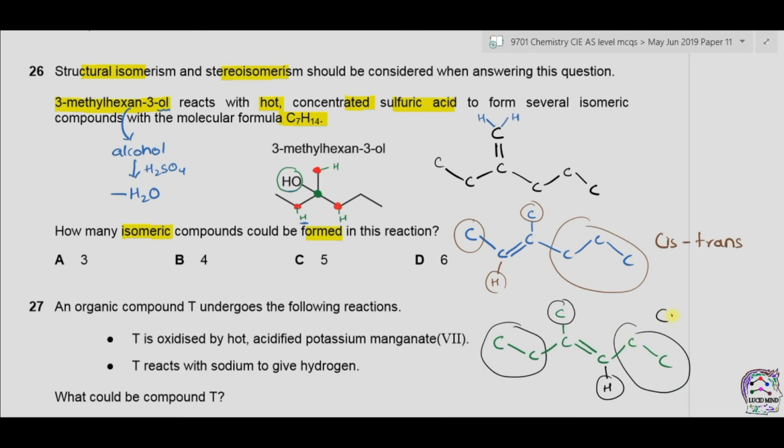So again cis-trans is possible. No other product is possible, so therefore we have 1, 2, 3, 4, 5 possible isomers formed. The answer is therefore C.